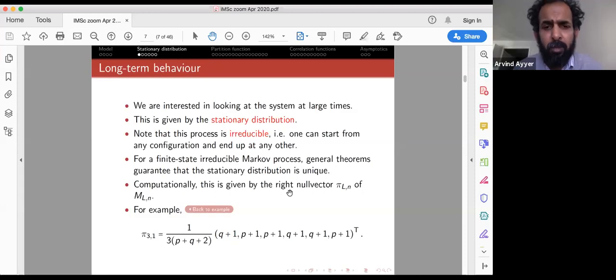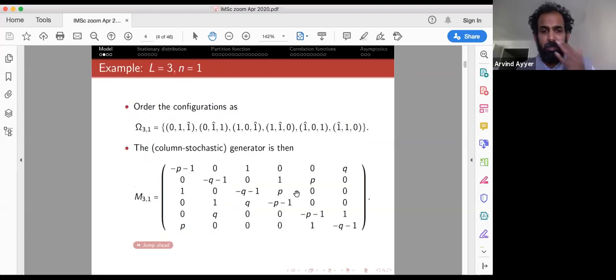Okay. So the stationary distribution computationally is just the eigenvector, the column vector of M, which has eigenvalue 0. This gives me a chance to answer Raghavan's question. If you look at the column vector for this example, you want M times V, or pi, to be equal to 0.